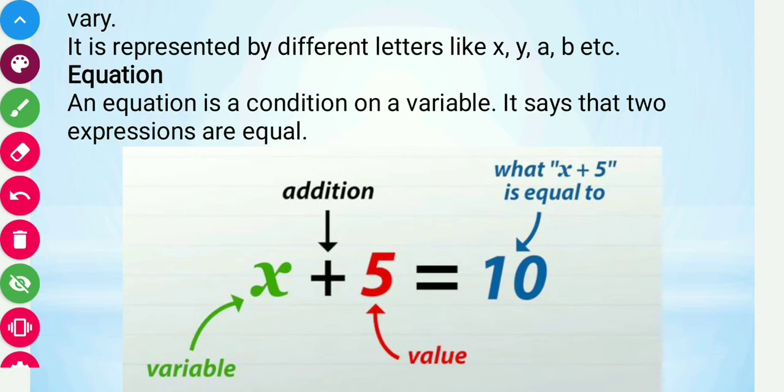So you need to think what value of x should be there so that we get 10 on the right hand side. You need to put a value of x such that it makes the equation true, that means the right hand side is equal to the left hand side. So an equation always contains three parts: the left side, the right side, and equality. Equality is nothing but the equal to sign.